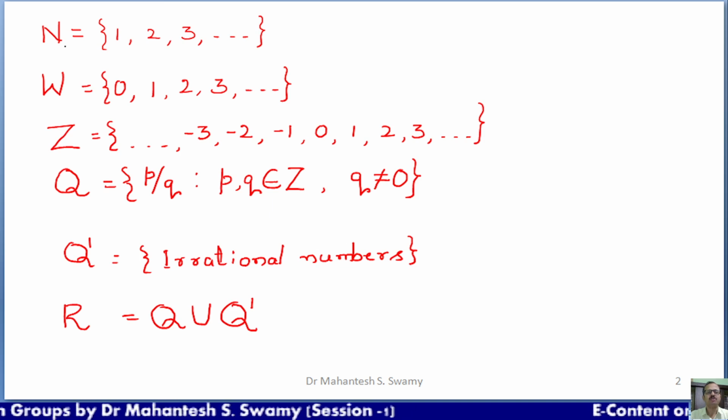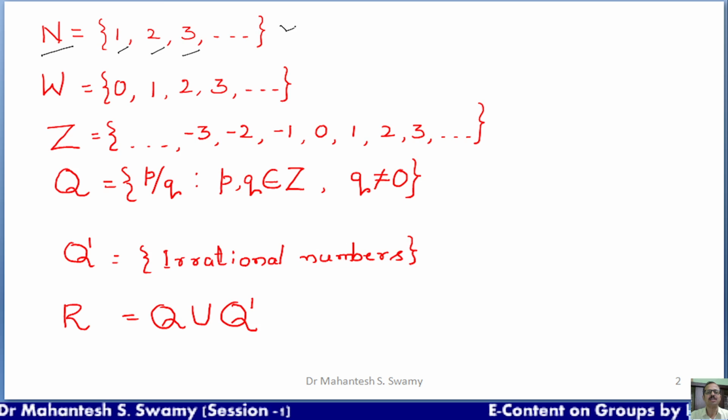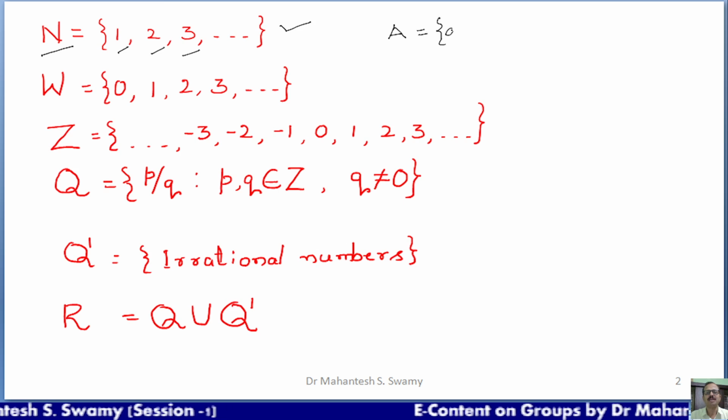Here you can observe N is a set of natural numbers. As we all know, the set of all counting numbers 1, 2, 3 up to infinity is called the set of natural numbers. So it is a set of numbers. Similarly, we can have any set which may have elements like the alphabets A, B, C, and so on.